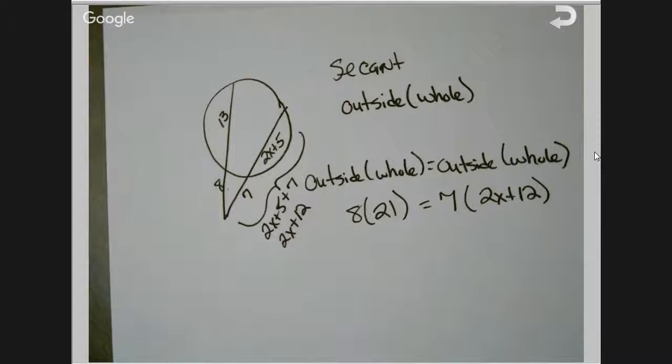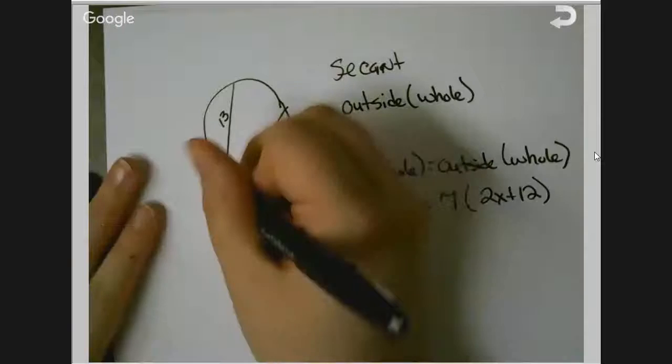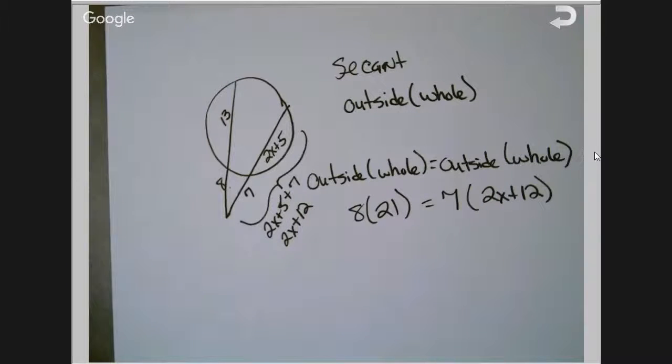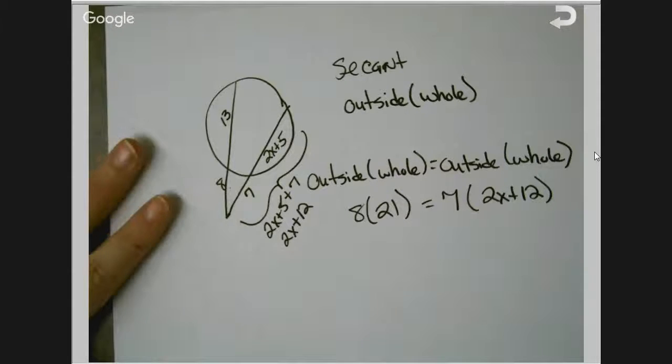Does anybody have a question or not understand how I got that? How did you get the 21? I said 8 plus 13. How did you get 7 times 2x plus 12 and multiply 8?